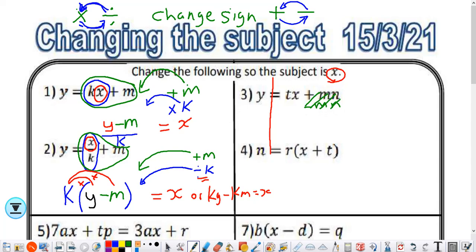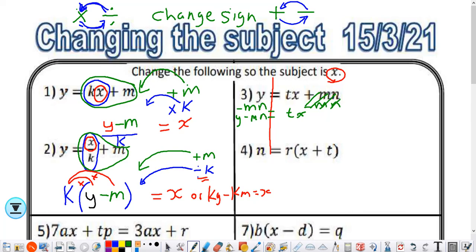It's just going to leave me tx. Now, because I've done it on one side of the equation, I have to balance it by doing it on the other side. So I say y minus mn, so I can write that down as y minus mn equals tx. So I've simplified it by one step.